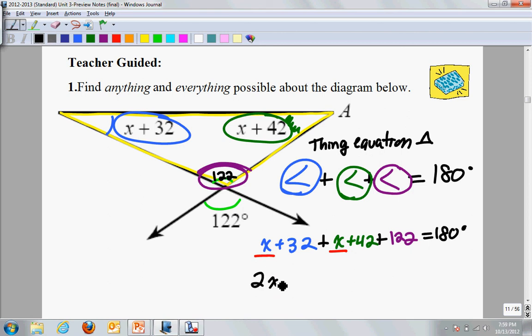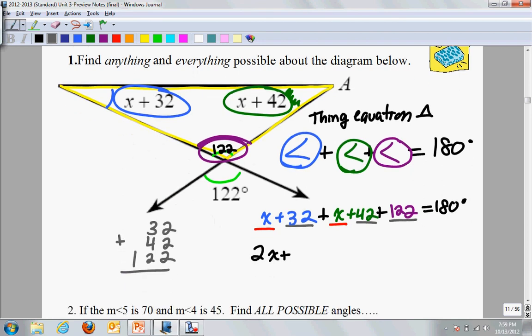We have 2x's plus 32 plus 42 plus 122. We're going to add that up here in the margin. 2 plus 2 plus 2 is 6. 3 plus 4 is 7.